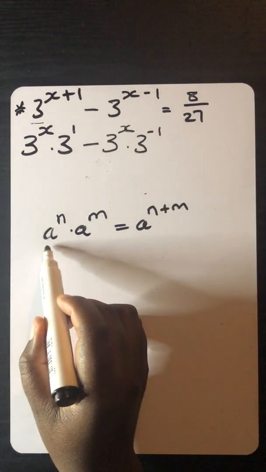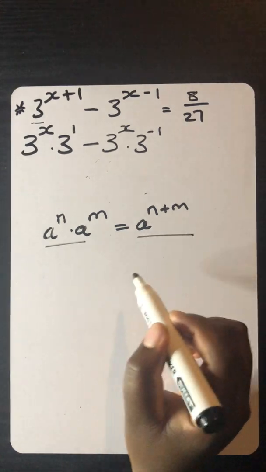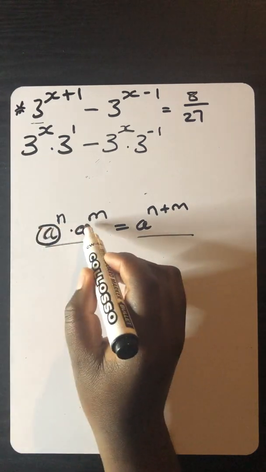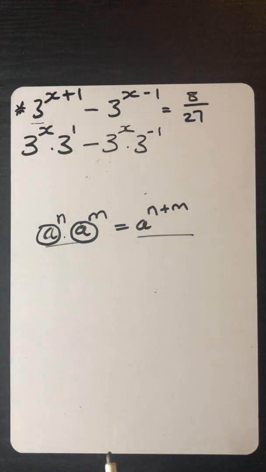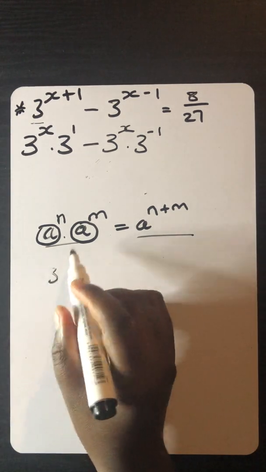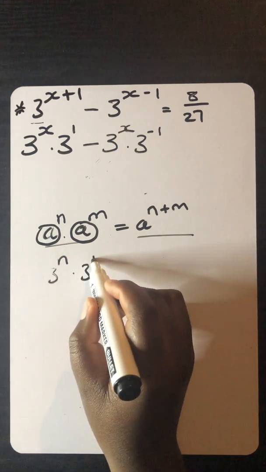That means you can either be given an equation in that form or in this form. What matters the most is for you to notice that you've got common bases. When you multiply common bases, you add the exponents. It doesn't matter whether you've got 3 to the exponent n multiplied by 3 to the exponent m.